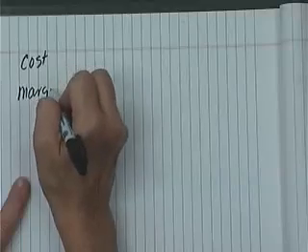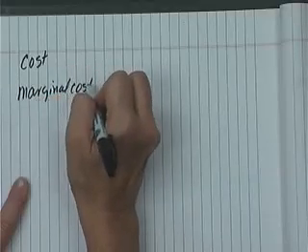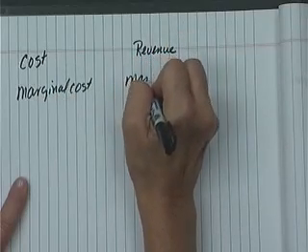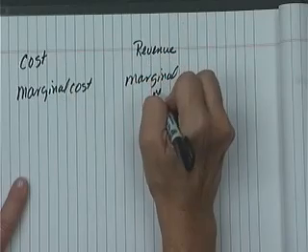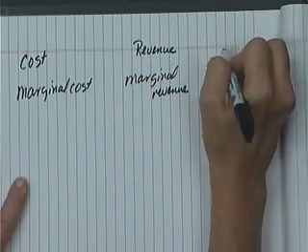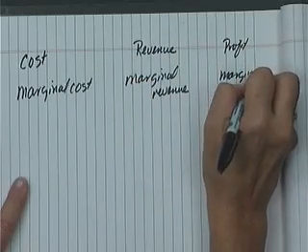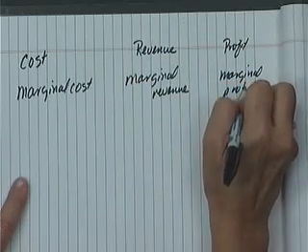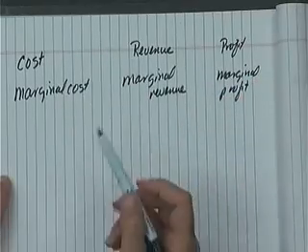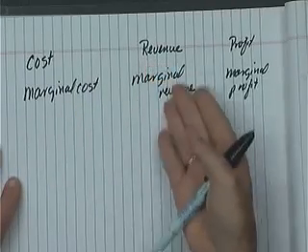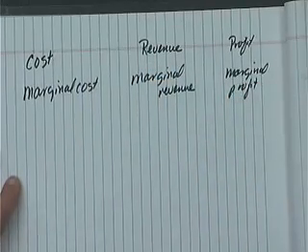And since this is kind of a business calculus, it has cost and marginal cost, revenue, marginal revenue, and profit and marginal profit. Okay? All right, so we're going to work on cost and marginal cost, and once we understand what that means, then we'll go right into revenue and profit.